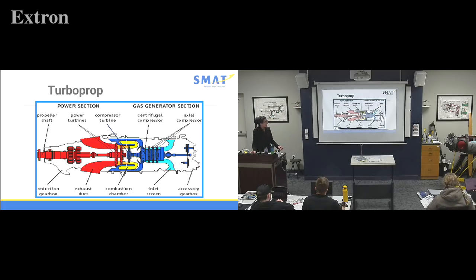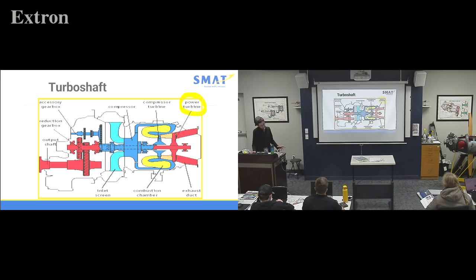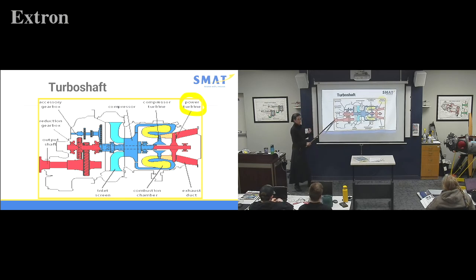We do have to talk about the Garrett example, and these are used, like I said, in the Caravan. So you could hook a propeller to the shaft, or like on the Allisons, the shaft is used going to a rotor shaft.